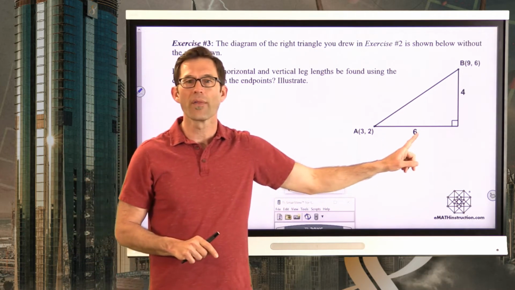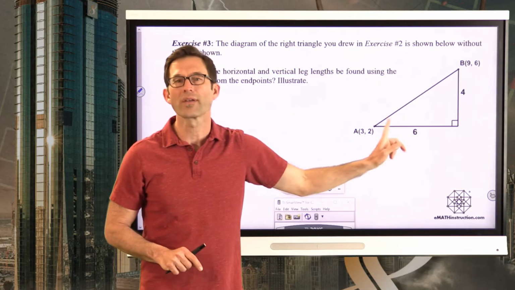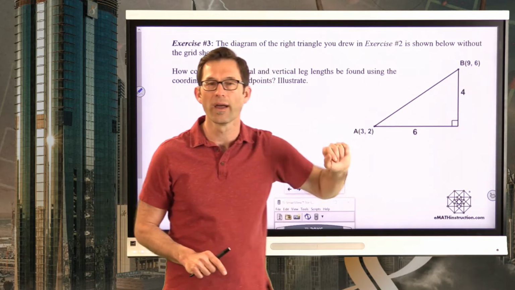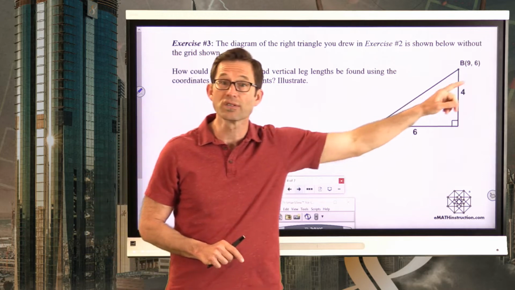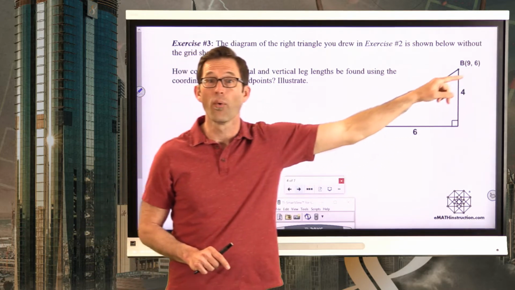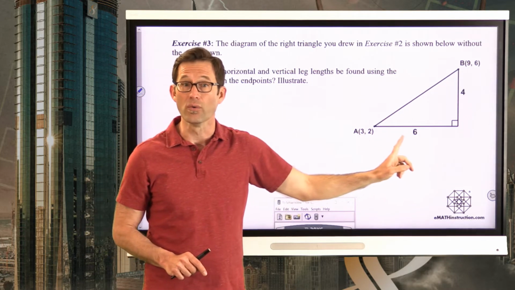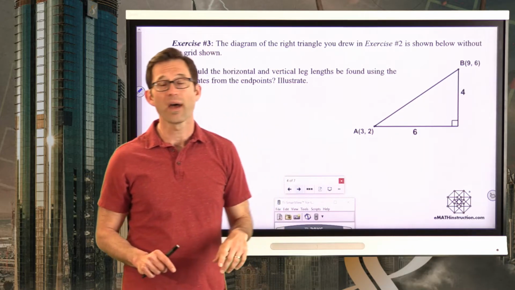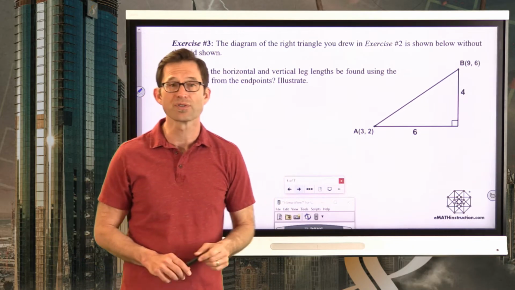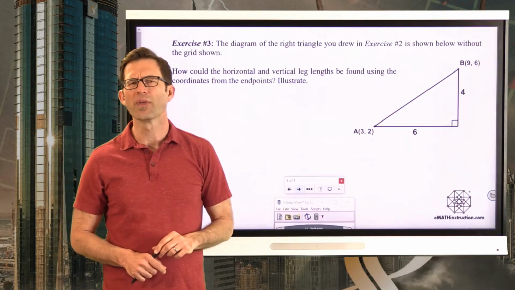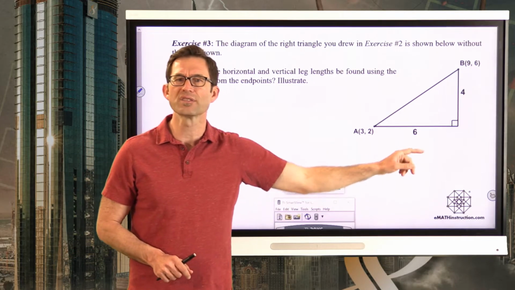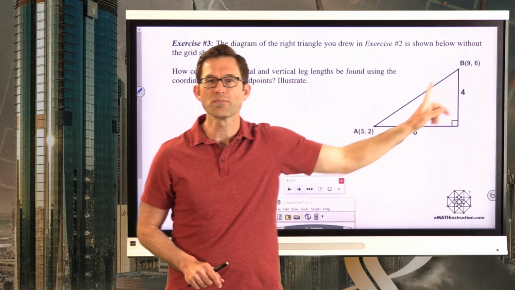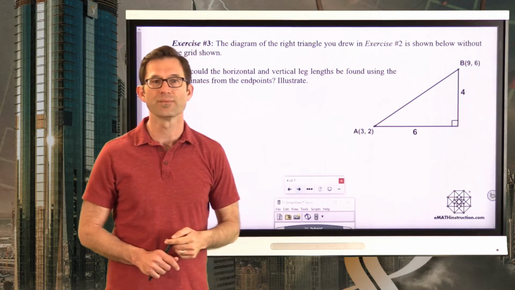I'd like to be able to figure out this 6 and the 4 without counting squares, all right? And I claim you can actually just look at the coordinate points and they will tell you that that's 6 and 4 without actually having to count any squares. So pause the video now and see if you can figure out where this 6 and 4 come from just based on the coordinate pairs.